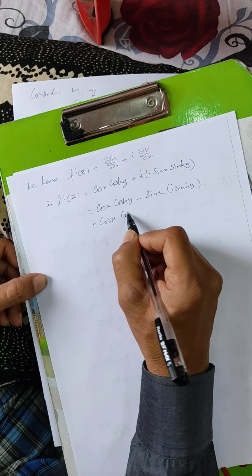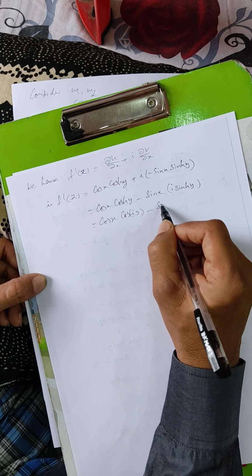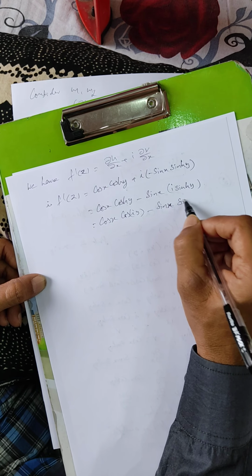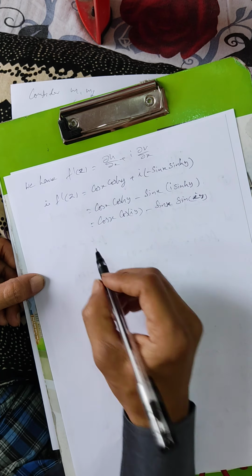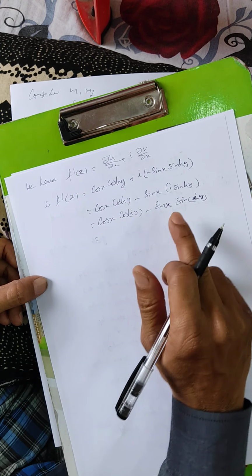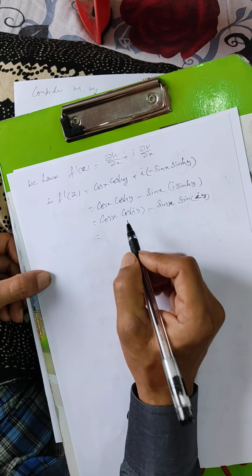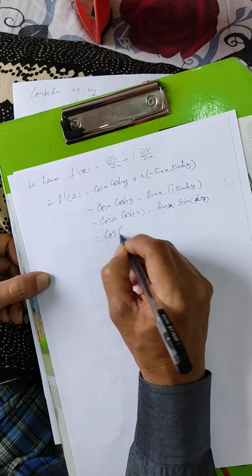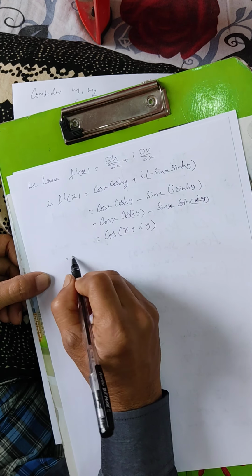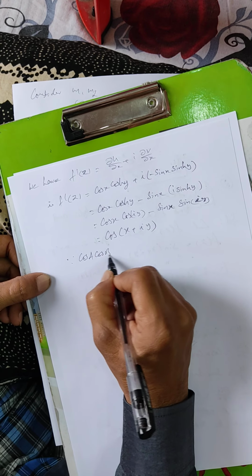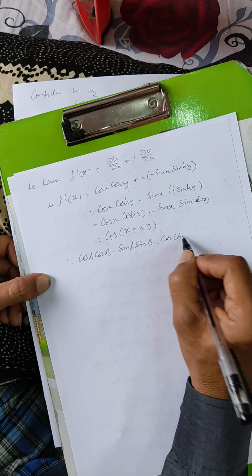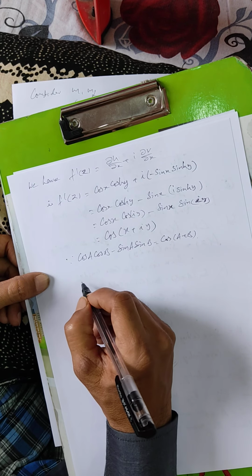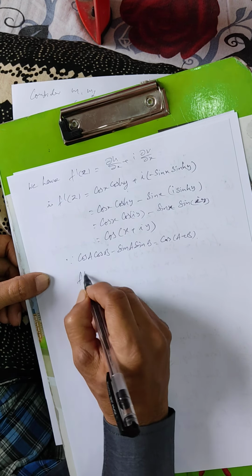So it is cos x into cos iy minus sin x into sin of iy, which is in the form of cos A cos B minus sin A sin B, equal to cos of A plus B. So f dash of z is equal to cos of x plus iy, that is, cos z.